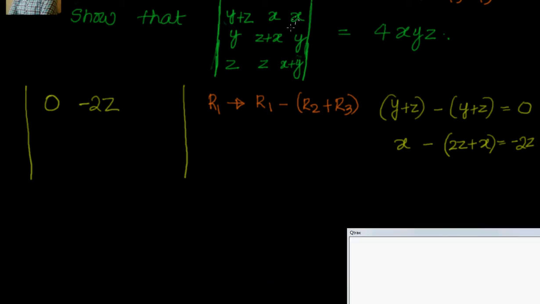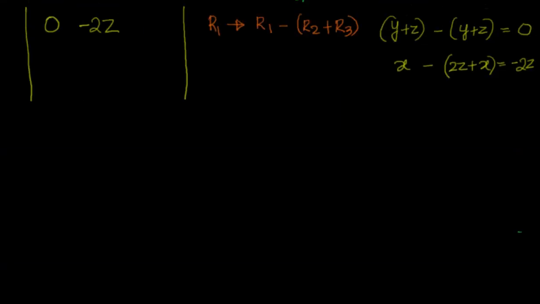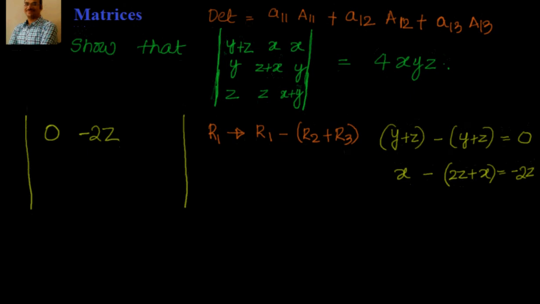Next, the third element. Sorry for that. Let's look at the third element: x minus of x plus 2y, because R1 is x, R2 is y, R3 is x plus y.